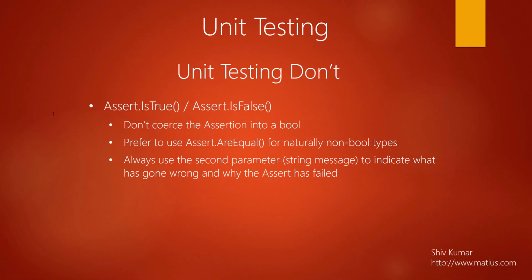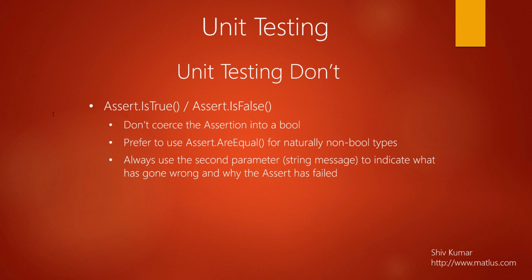The next two, this slide and the next one, are actually very similar. I'll talk about Assert.IsTrue and IsFalse along with Assert.AreEqual. So first off, don't coerce something that is not a bool into a bool so that you can use Assert.IsTrue and IsFalse. That's the wrong thing. Unless the thing you're trying to assert on is intrinsically true or naturally a bool, don't coerce it.